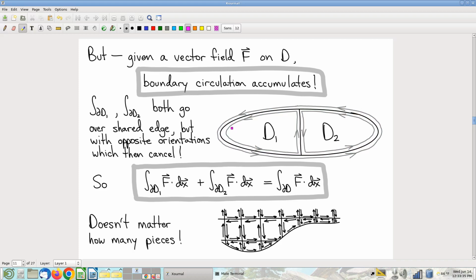Think of it as something that is distributed over the interior, kind of like mass would be distributed over the interior. And the reason I want you to think of it that way is because it behaves just like it's distributed over the interior. Because if you chop it in half, the whole is the sum of the parts, just like mass would be, just like any quantity that's distributed over the interior.